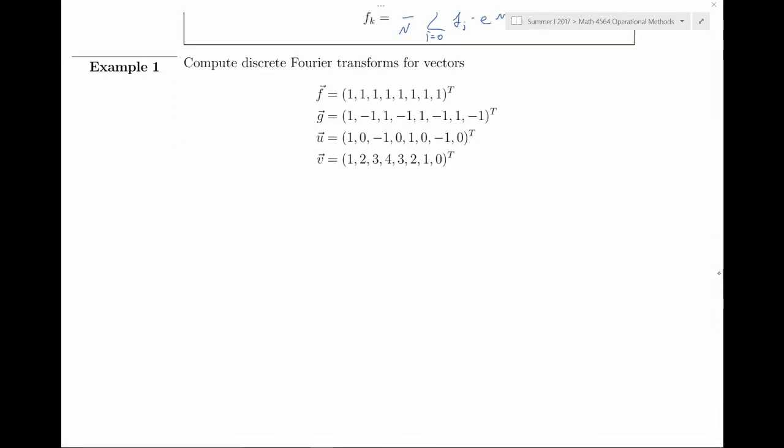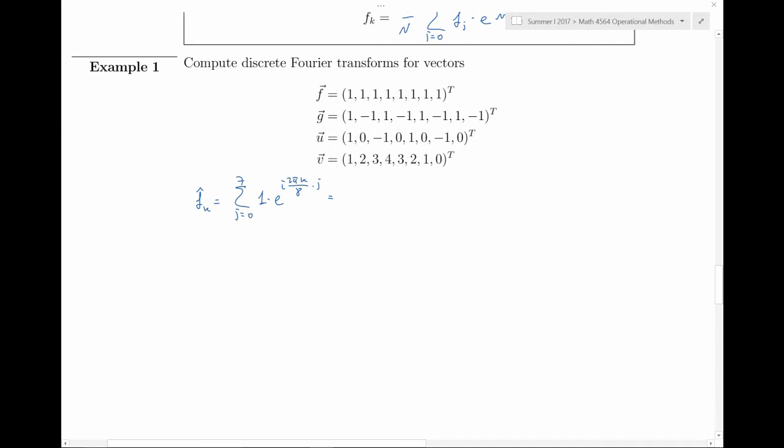So here I have a few examples of signals, and let's go through them in order. So f hat k would be the summation as j goes from 0 to, in this case we have 8 components, so it's going to go up to 7, of 1 times e to the power i 2 pi k over 8 times j.